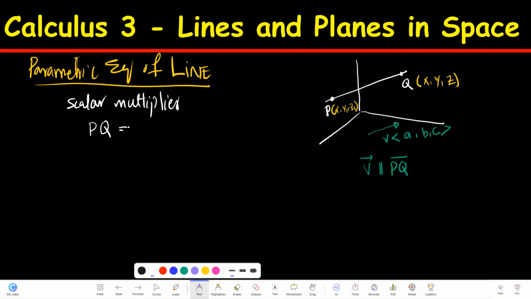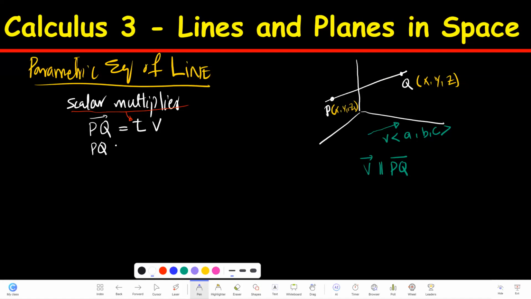So I'm going to write PQ equals T, and that is actually my scalar multiplier. My scalar multiplier is really this T. Okay, let's finish this. Here I'm going to be writing PQ.